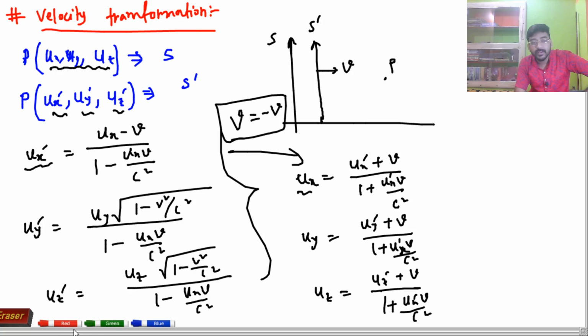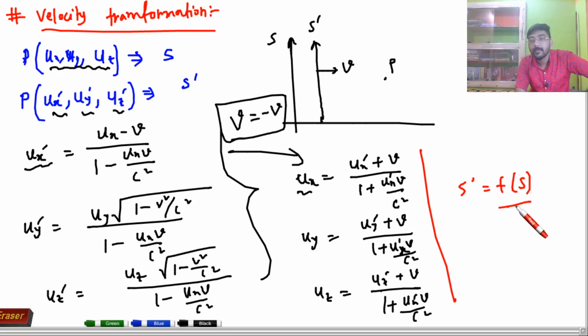So in the transformation relation we always want to get the variable involving the S dash frame in terms of the S frame, and in the inverse we want to find the variable involving the S frame in terms of the S dash frame.